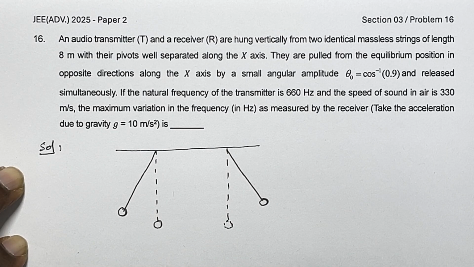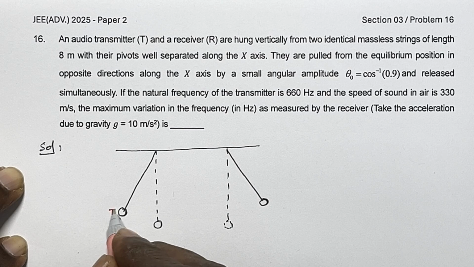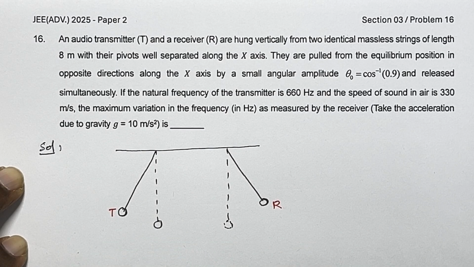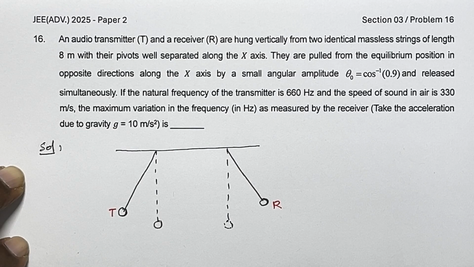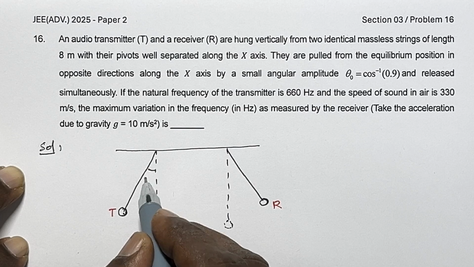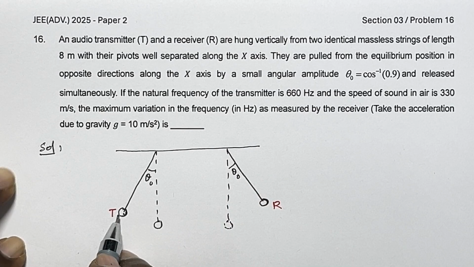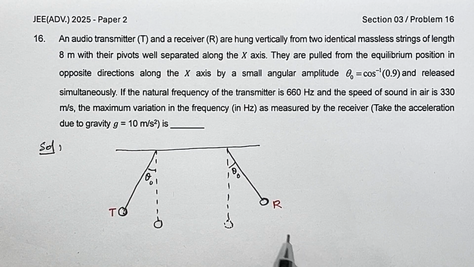One is the transmitter, and this is the receiver. In the Doppler effect, this is the source, this is the observer. They are pulled and let go. Both make the same angle theta naught, so whatever we discuss for the transmitter will be true for the receiver.